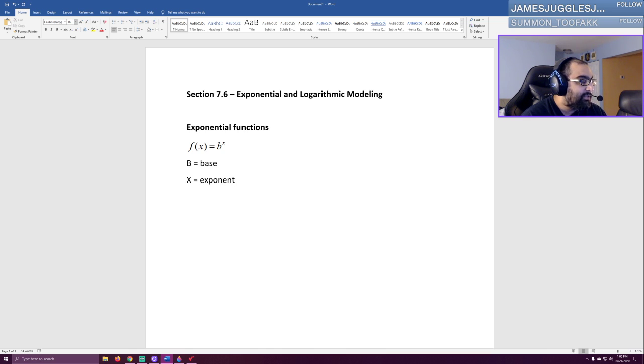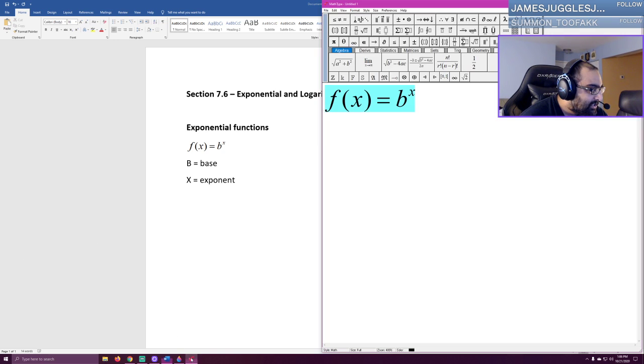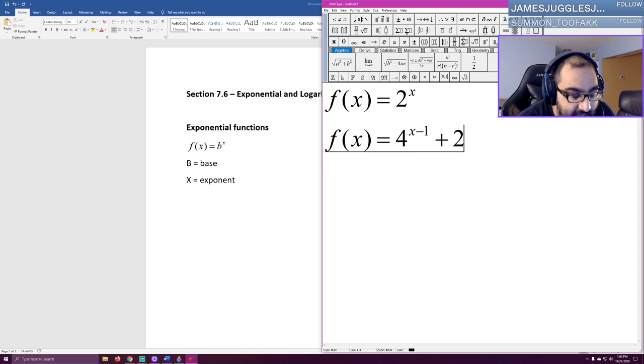Now, there's a lot of different types of exponential functions, as you can probably already guess, such as a classic f of x equals 2 to the x power. Or you could have, for example, f of x is equal to 4 to the x minus 1 power, maybe plus 2. You can have that as an exponential function of some variety. It doesn't really matter.